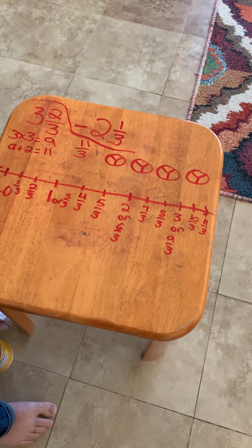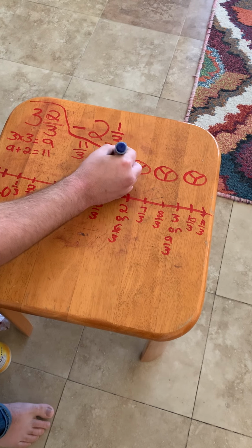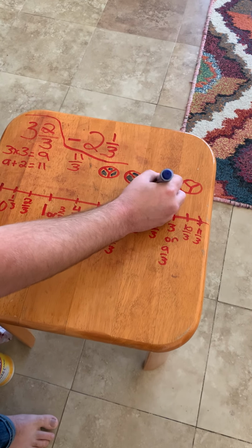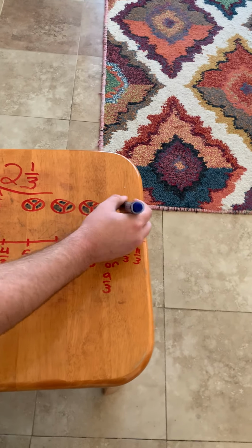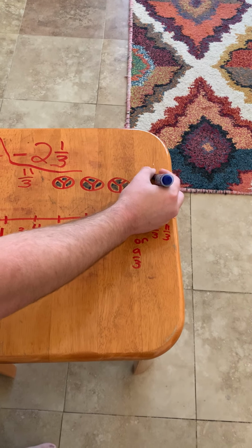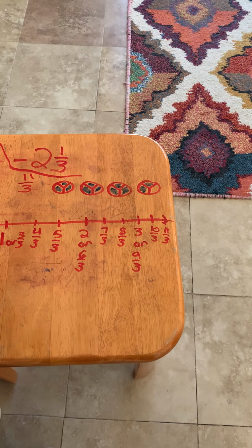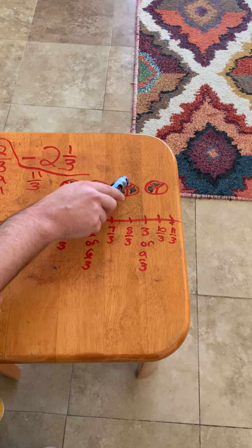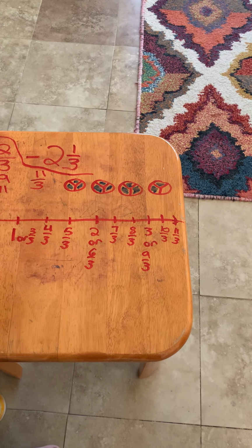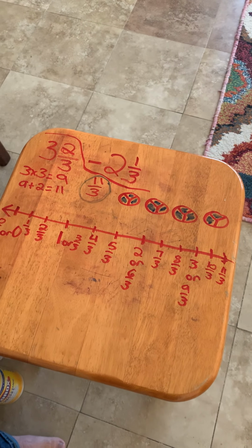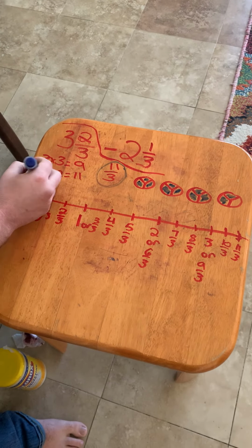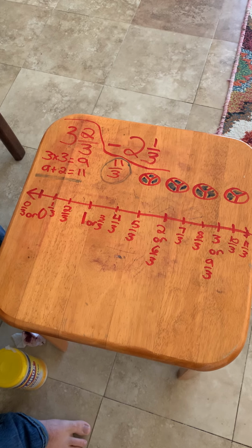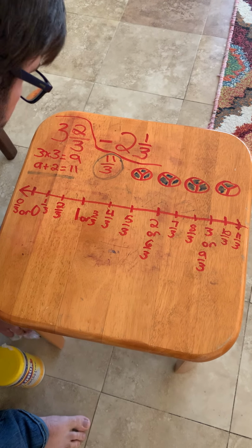We have 3 wholes, which means each of these would have all 3 pieces filled in. This one would have 2, because that's the 2/3. If I count all of these up, 1, 2, 3, 4, 5, 6, 7, 8, 9, 10, 11, that's where we get our 11 thirds. So you could either draw a picture, or you could do what I did over here by multiplying and then adding. So we know this is now 11 thirds.